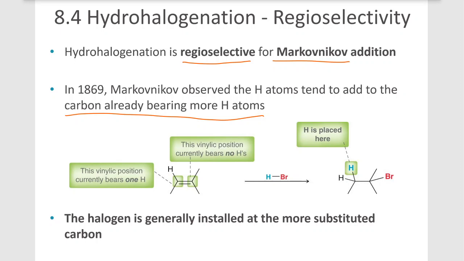So in other words, you might say the rich get richer. The side with more alkyl groups or more carbons is going to get the halogen. The side with more hydrogens is going to get the hydrogen.